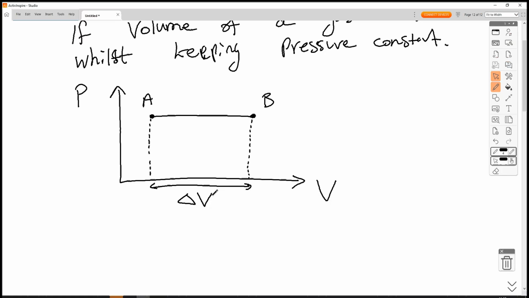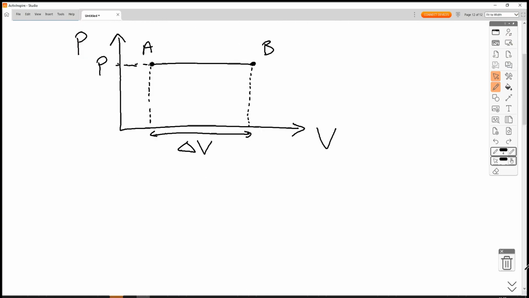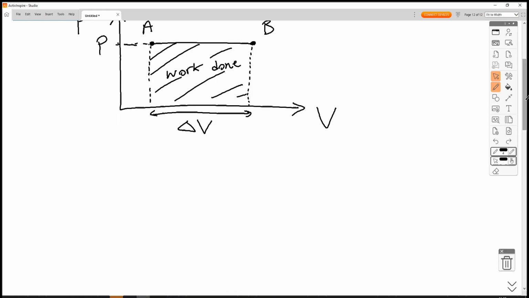So here is delta V. And here there was some value of pressure which didn't change. So the work done by moving this gas from A to B is the area under this graph. That's the work done. So in this case, work done W equals pressure times the change in volume.